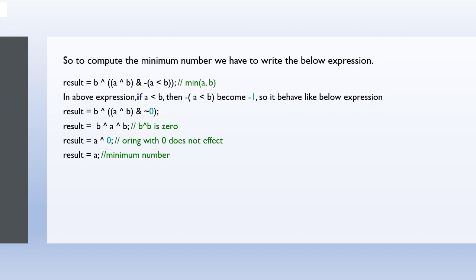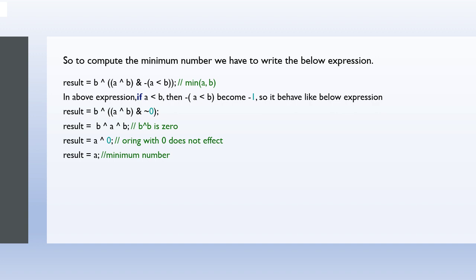Result equal to b ^ a ^ b. b XOR b is 0, when two inputs are the same, it pulls low, right? A XOR 0, ORing with 0, XORing with 0 does not affect, right? So the result will be a.